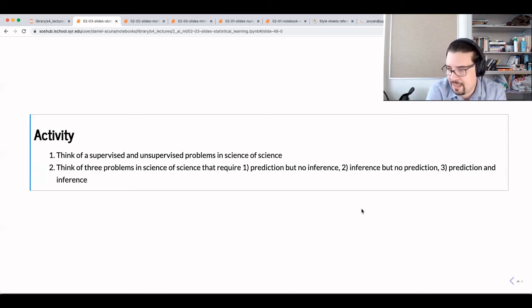Okay, so let's take these examples. Now, unsupervised means that you don't have an outcome that you want to predict. So in recommender systems, do you think that's happening?